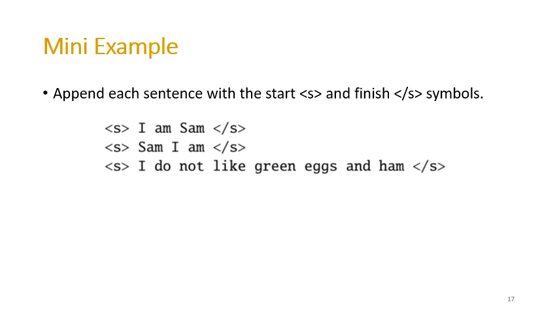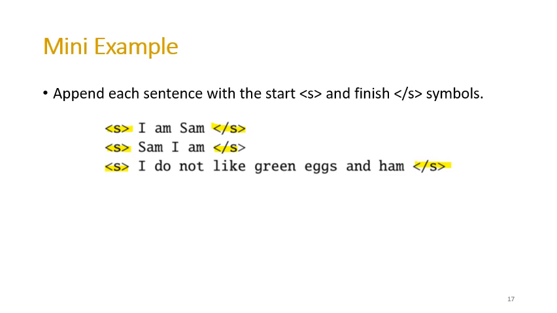To do some practice on computing bigram probabilities, I provided you with 3 sentences here. First of all, if you have sentences, let's say you are collecting data, you put the start symbol at the start of each sentence. And then you also put an end symbol to say that this is the end of the sentence.